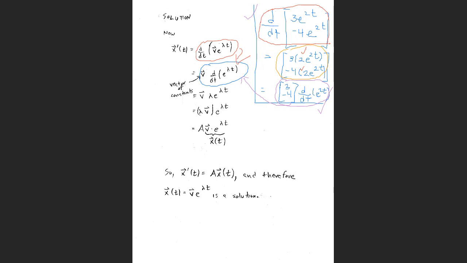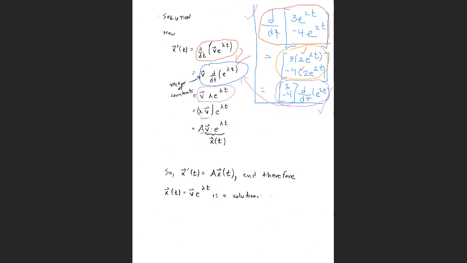Now we're here. The derivative of e to the lambda t with respect to t is lambda times e to the lambda t. And then I can just rewrite the vector v times lambda as lambda times v. But why is lambda v equal to A times v?